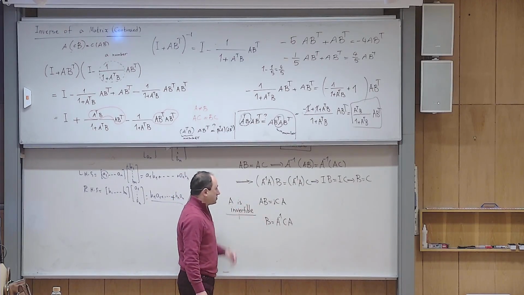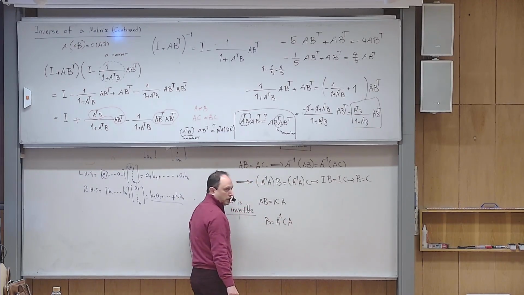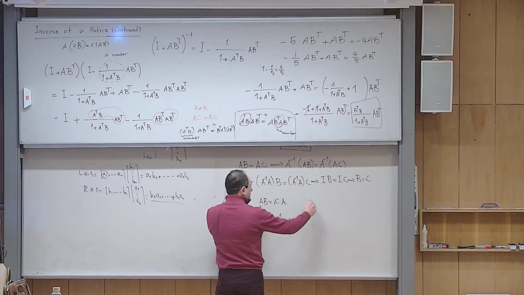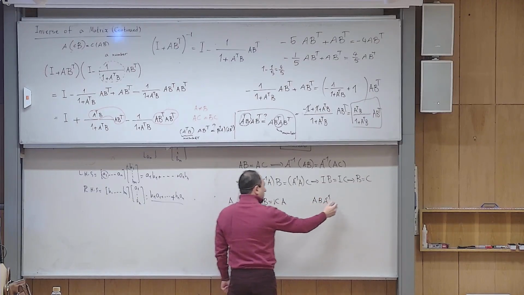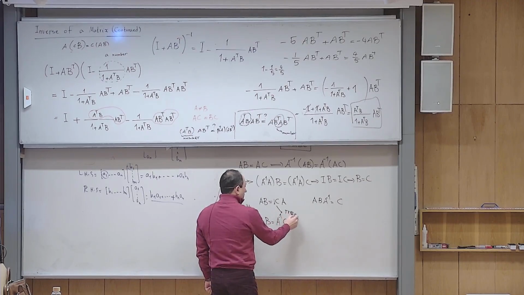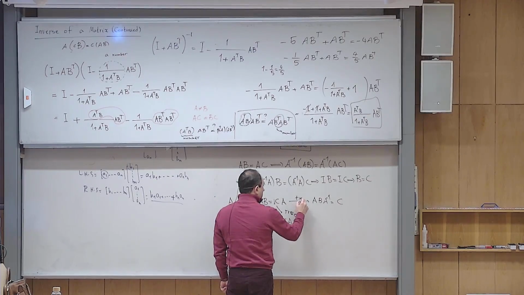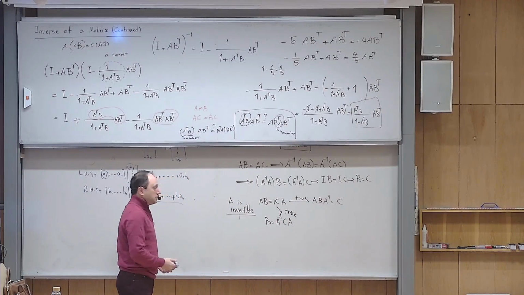From here to here, that's correct. Another way is to multiply A inverse from the right. Okay, in that case, what will happen? This becomes AB A inverse. In that case, A inverse will cancel that one. So this is true. Okay, this is also true. But in general, B is equal to C is not true.